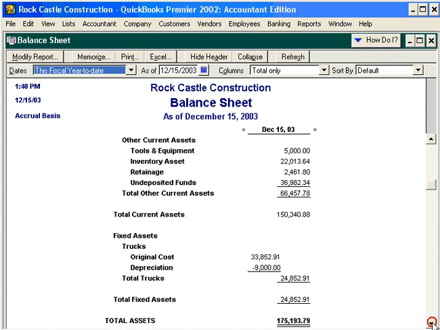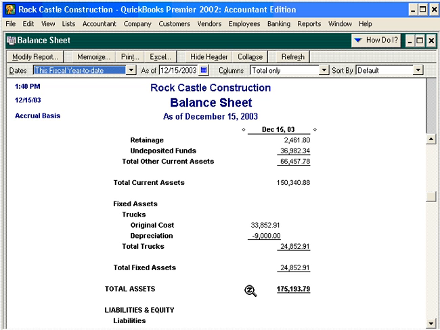Down here is our total assets. Notice the last category of assets on our balance sheet. Fixed assets. These are the most illiquid assets we have. In other words, converting them to cash takes the most effort.